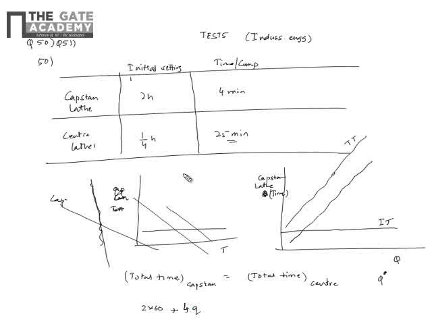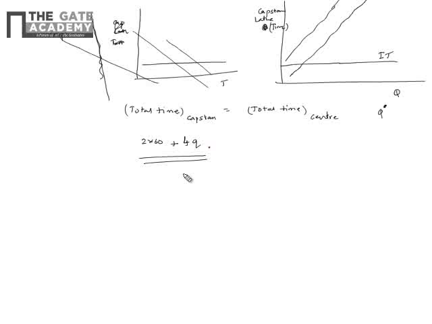Similarly, in the center lathe, it is 1/4 into 60 as the initial setting time plus 25 into Q. The idea is what should be the minimum Q such that the time is the same for both, otherwise you will be losing if you make less than this.